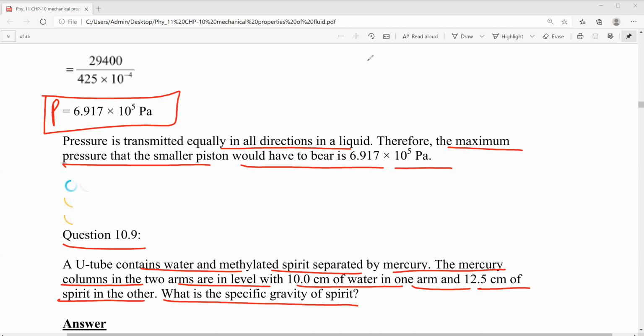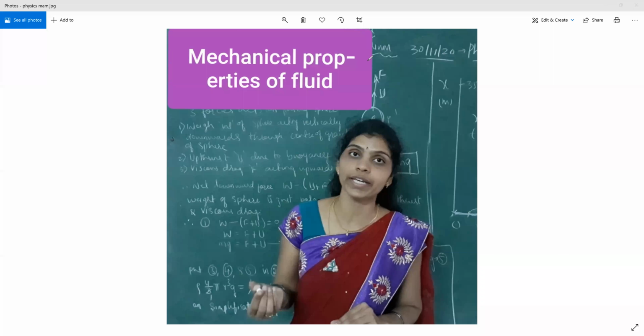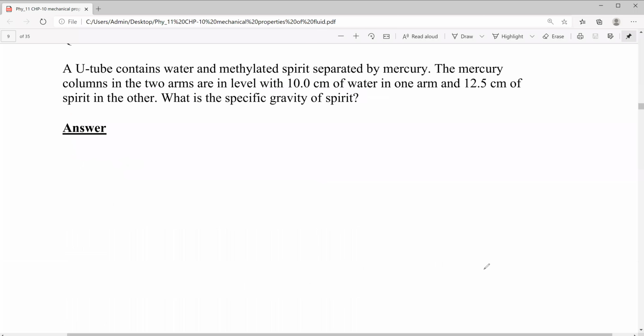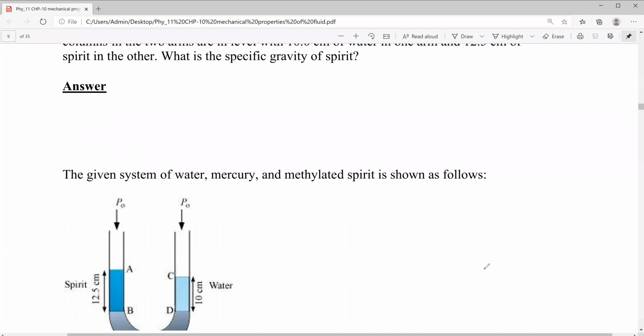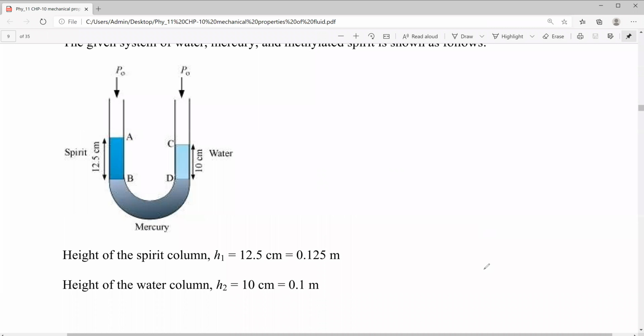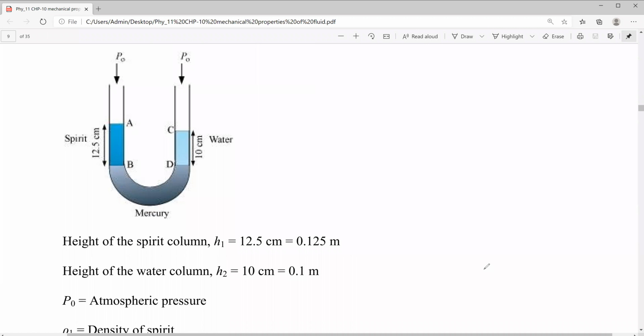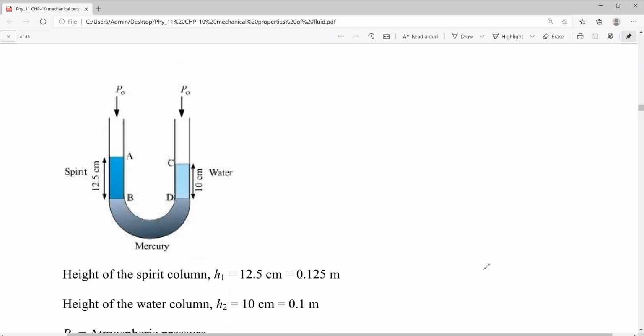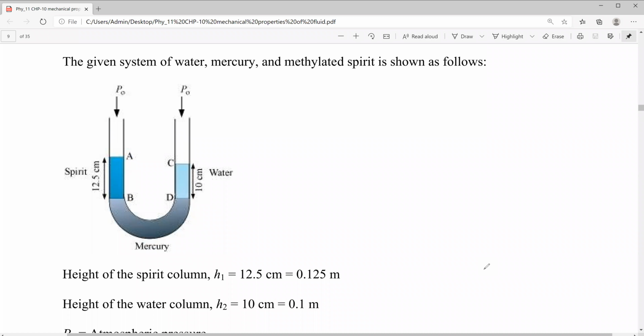For that, first we need to assume and draw a diagram. So in the U-tube, from the question, we draw the given system of water, mercury and methyl spirit.